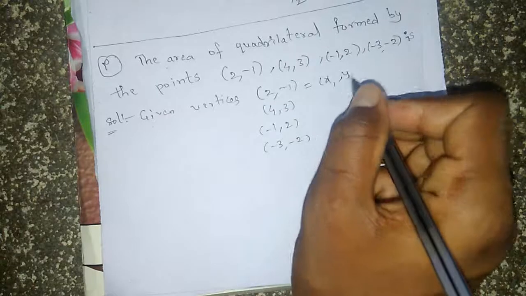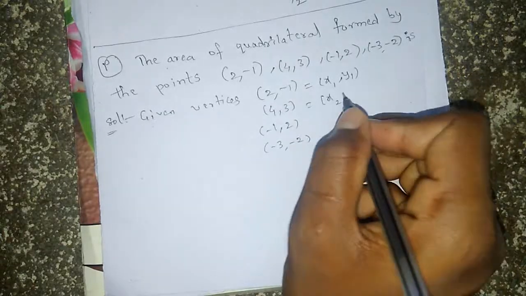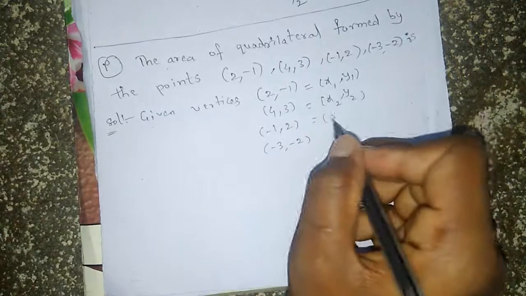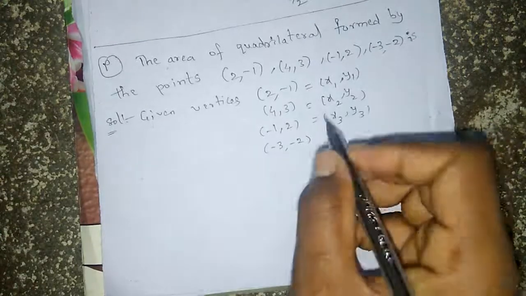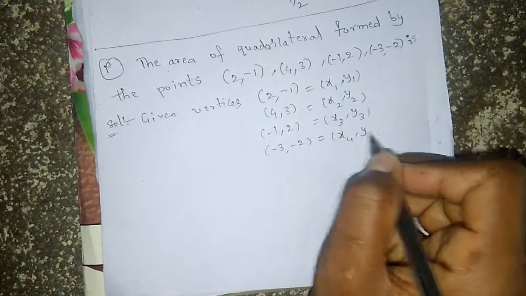Let this be x1 comma y1, this is x2 comma y2, x3 comma y3, x4 comma y4.